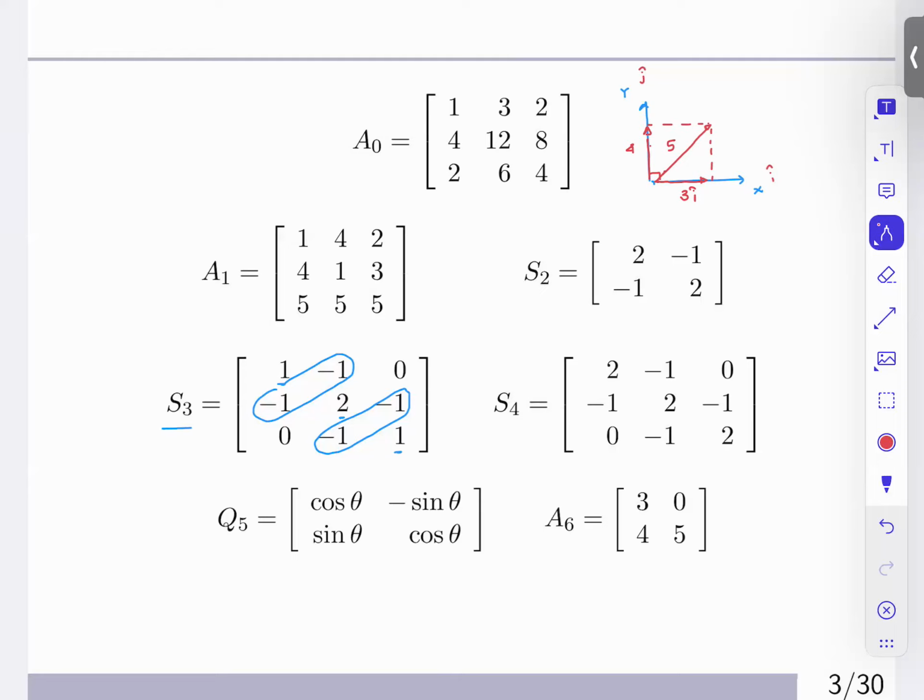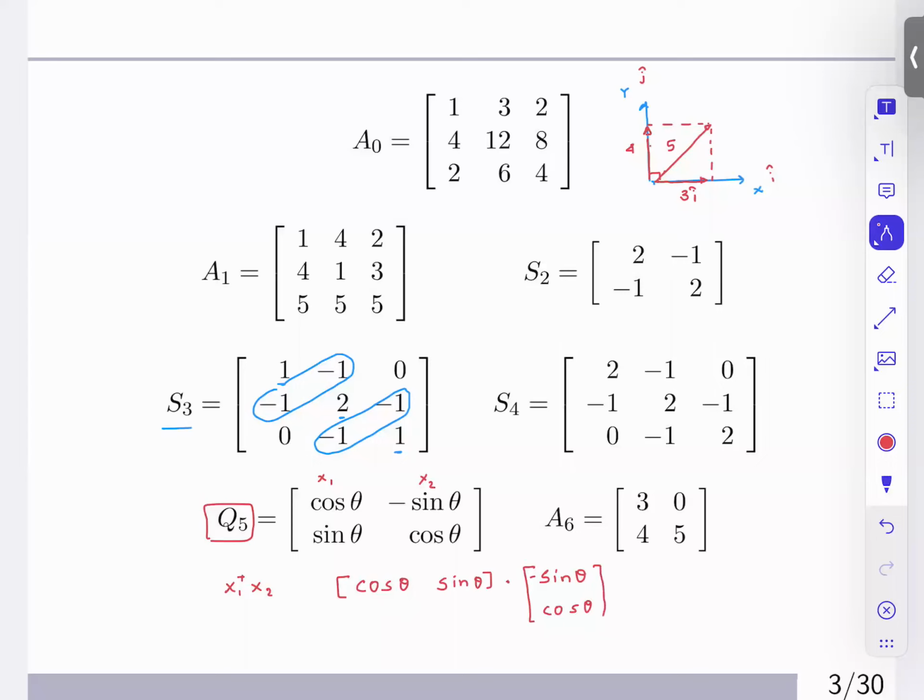The same thing happens with this Q matrix, and this is again an orthonormal matrix, because please understand, you have cosine and sine. If I consider this is my first vector and this is my second vector, x1 transpose x2 gives me cosine theta, sine theta, and then sine theta, cosine theta with a negative sign.